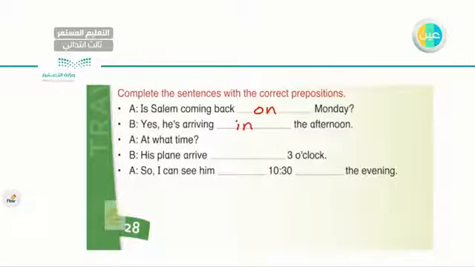What time does his plane arrive? At. Very good. At 3 o'clock. So I can see him at 10:30 in the evening. Very good. At 10:30 in the evening. Very good. So I have in, on, and also at.